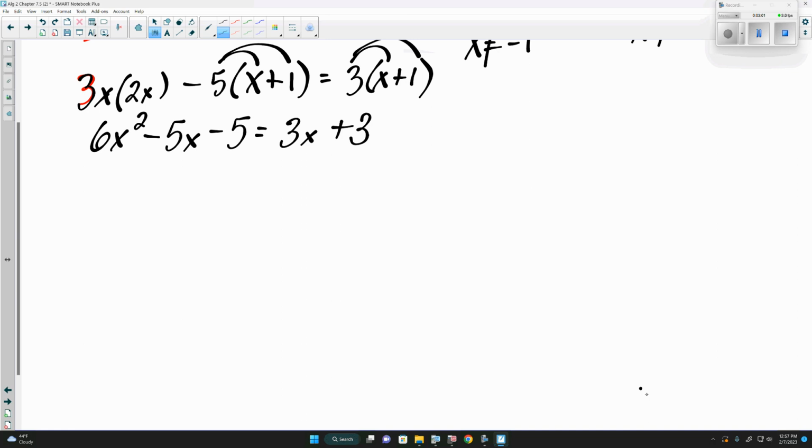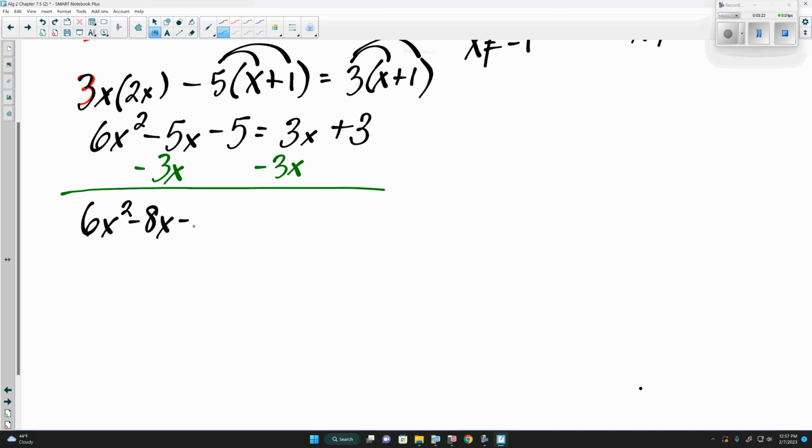Now at this point, we can combine like terms, well, we would if there were any. So we need to get everything on the same side of the equal sign. We can subtract 3x from both sides. So we have 6x squared minus 8x minus 5 is equal to 3.